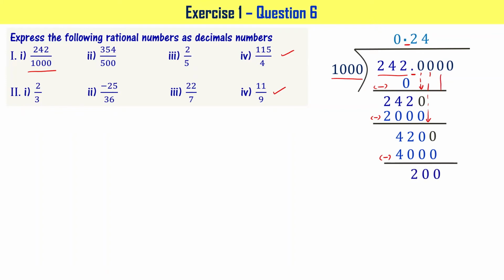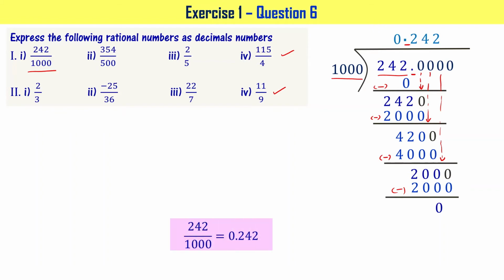Now let me bring the third 0 we have written so that it became 2000, right? 2 times 1000 is 2000. When I subtract 2000 from 2000, what I get is 0 as the remainder, right? Now we are done with the division process, right? Now I can write 242 divided by 1000 as 0.242. So 0.242 is the decimal expansion for 242 divided by 1000, right?